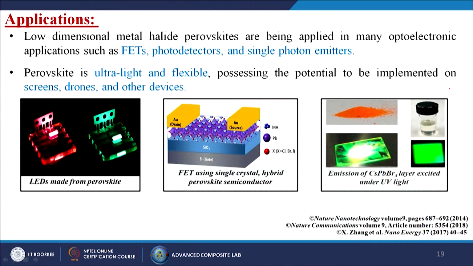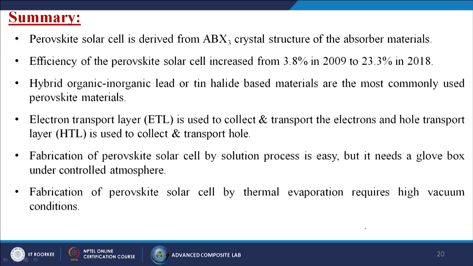These all are examples. We are using it for LEDs made from perovskite materials, FETs using single crystal hybrid perovskite semiconductors, and emission of a CsPbBr3 layer excited under UV light. These all are the examples, and these are the references from where we received this information.